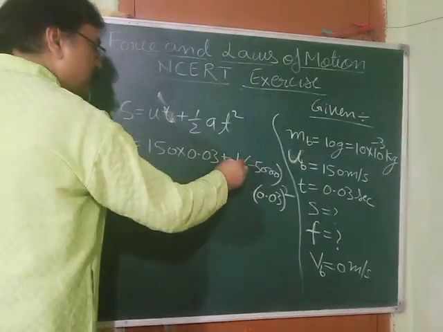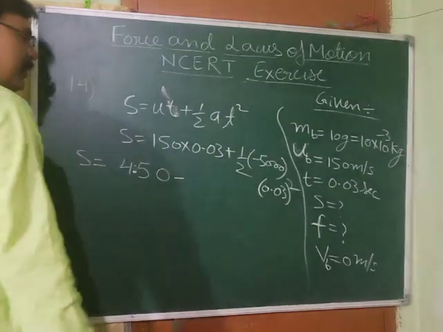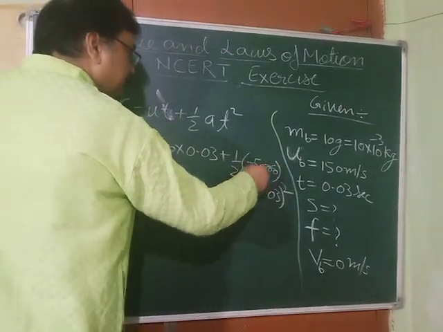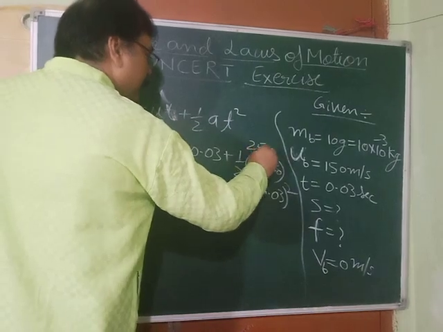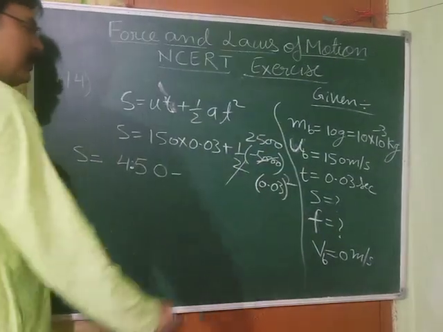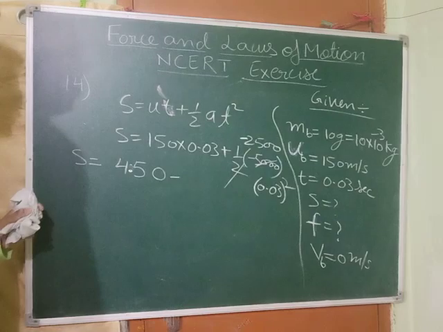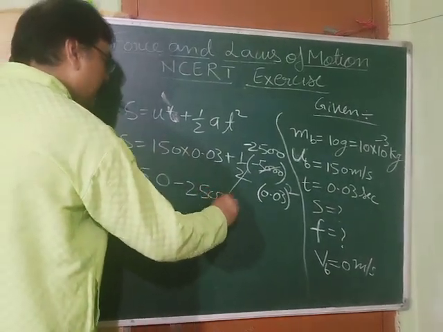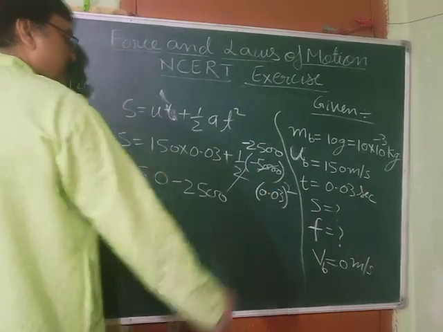Here minus into plus is minus. And this 2 you can cancel with the 5,000, so what you will get is 2,500, with the minus sign. So you can write 2,500.